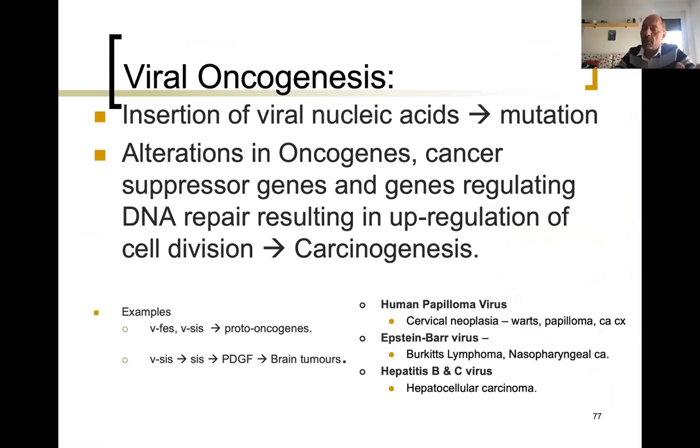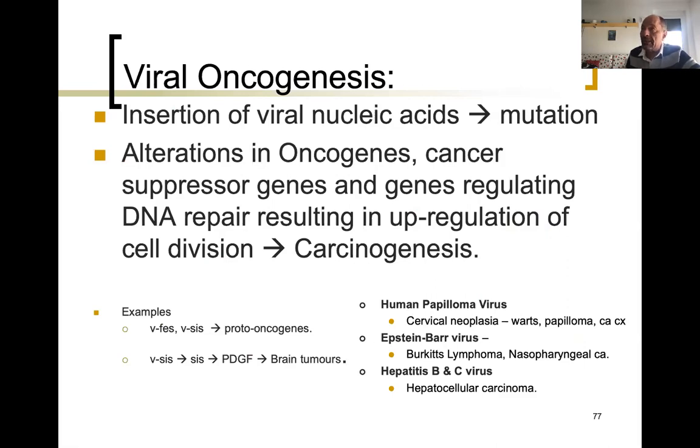Maybe the best known example is the human papillomavirus, which is certainly the main cause of cervical cancer. There is now a vaccine that was developed by Harald zur Hausen in Heidelberg not many years ago. He got the Nobel Prize for this.